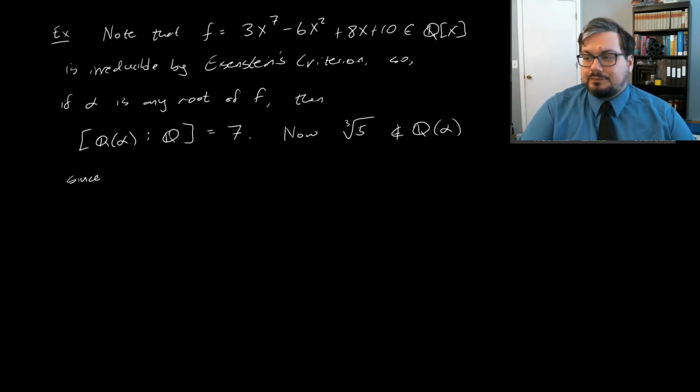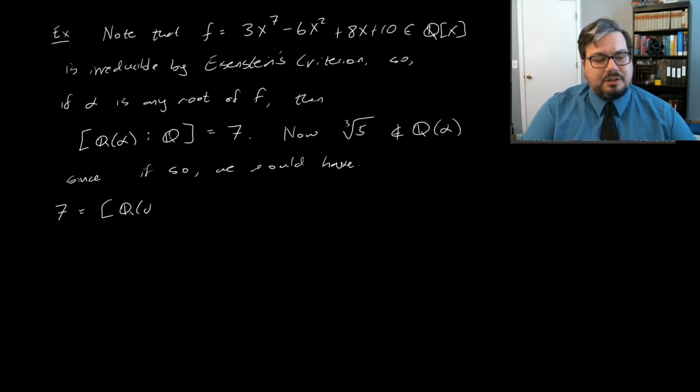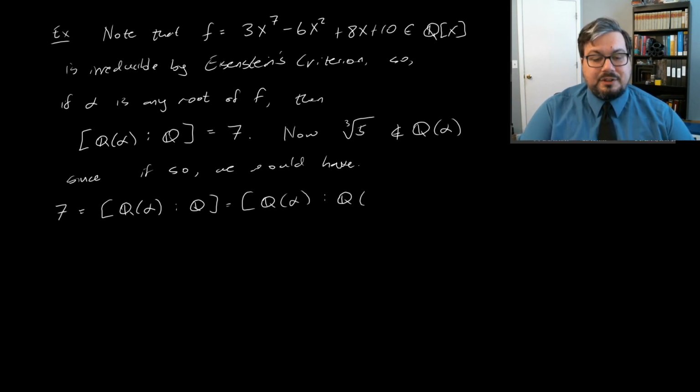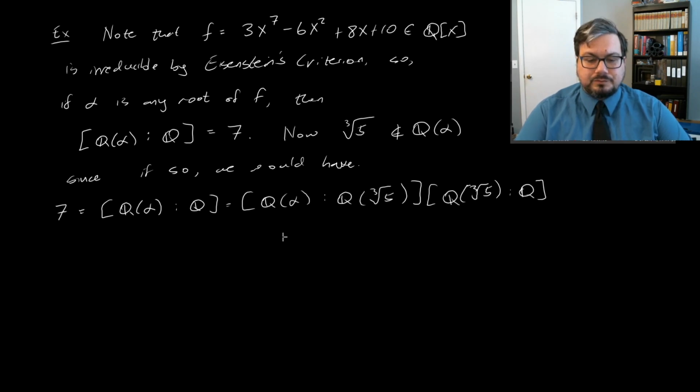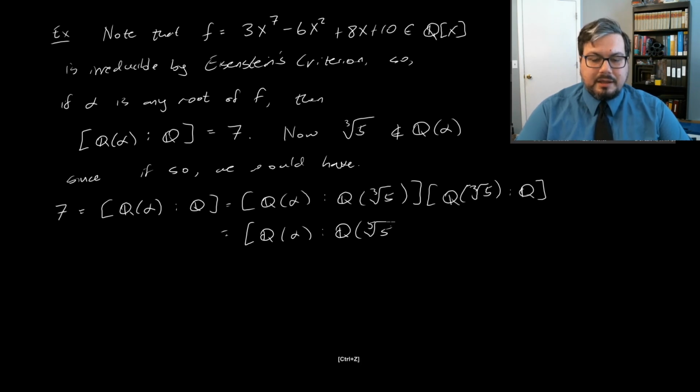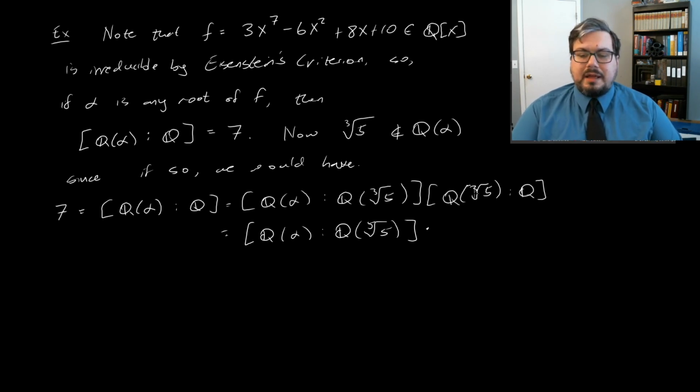And this is since if the cube root of 5 was in this field, we would have that 7 is equal to the degree of the extension Q(alpha) over Q, which is equal to, by Theorem 173, the degree of Q(alpha) over Q(cube root of 5) times the degree of Q(cube root of 5) over Q. But the element cube root of 5 has a minimal polynomial of degree 3 over Q, namely x cubed minus 5.